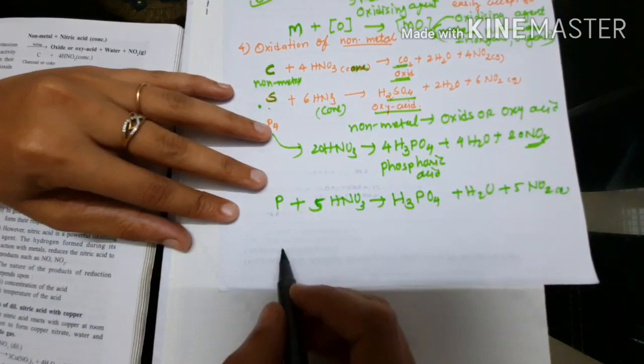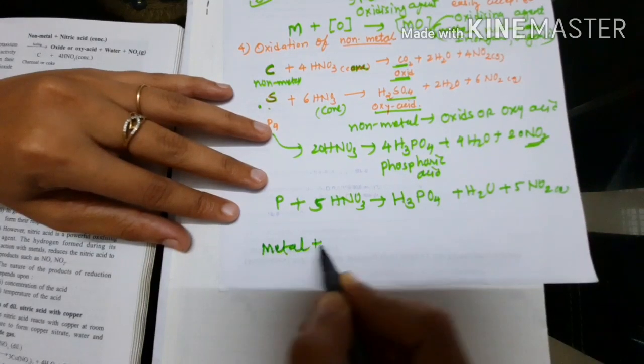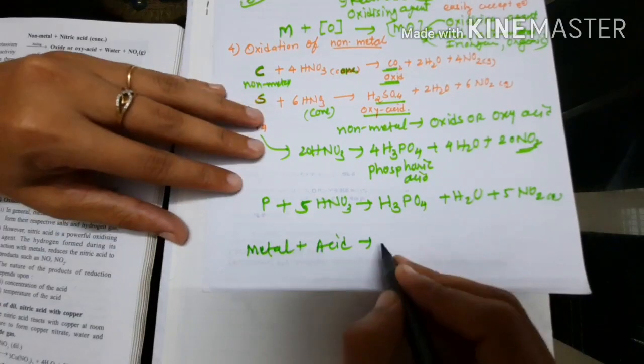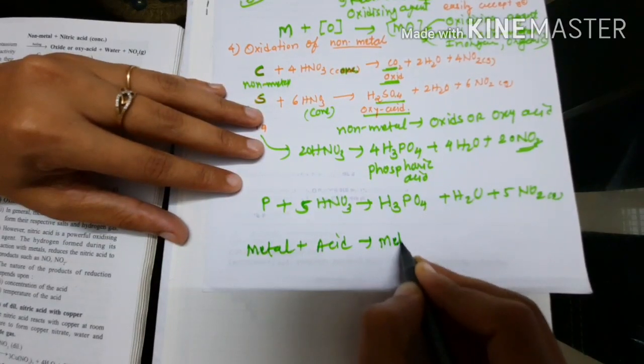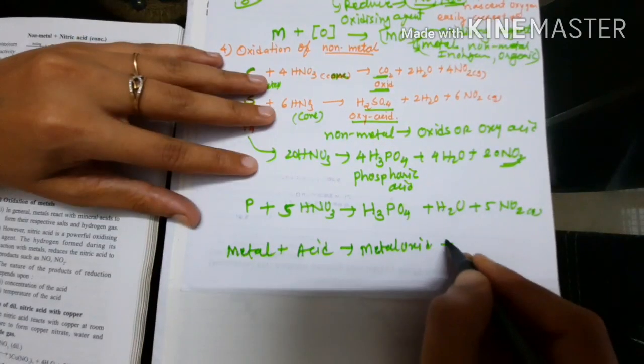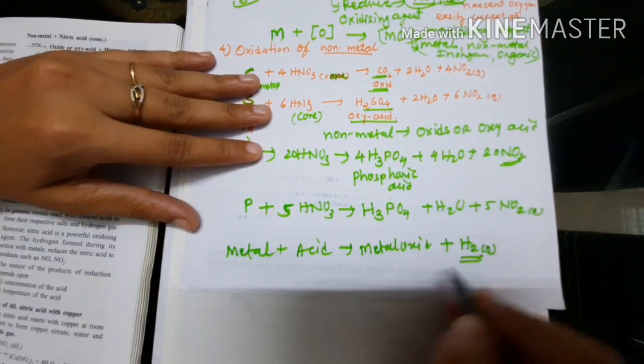We learned in 9th standard that when a metal reacts with an acid, it converts into the metal chloride and H2 gas. In the hydrogen chapter we learned this.